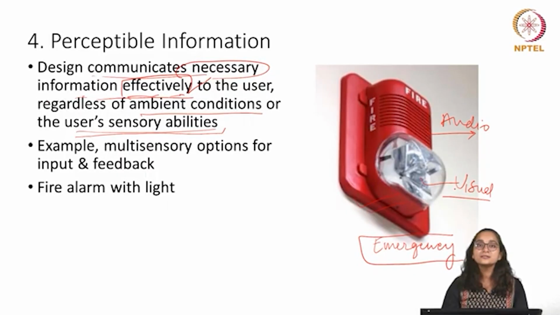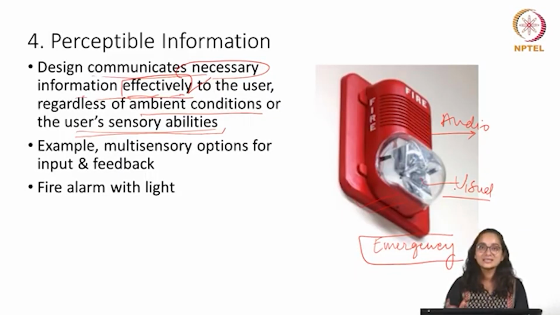So, what other situational disability can it help? Can we think about it? Nowadays, I am sure you are aware that it is becoming very common for people to wear noise cancelling earphones. Noise cancelling earphones many a times almost imitate a hard of hearing situation.